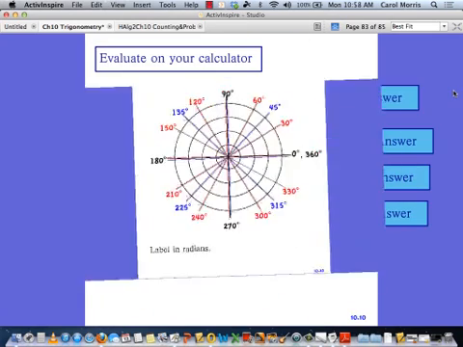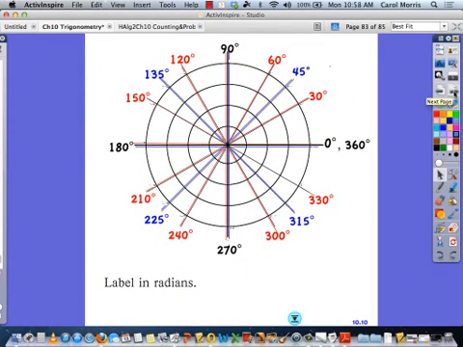Now, it will be up to you from here on out to make sure you are putting the mode on your calculator according to what you're in. All right. Now, your last little piece is to go ahead and label this in radians.